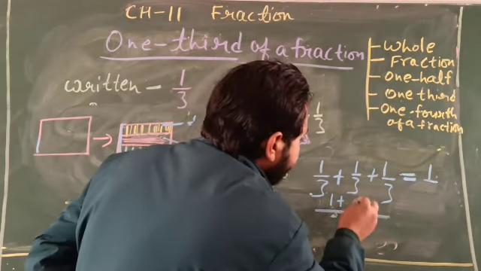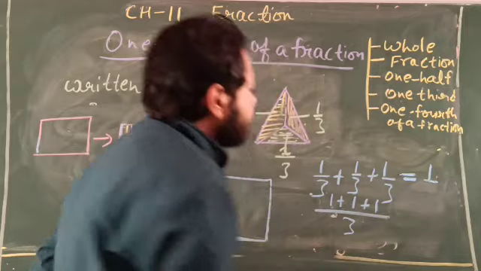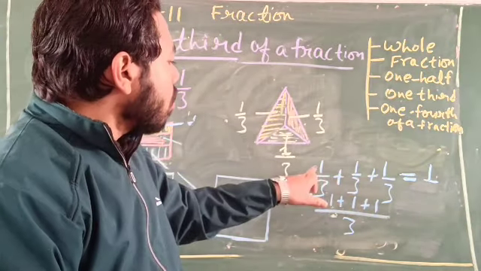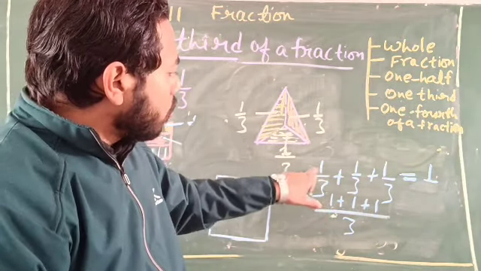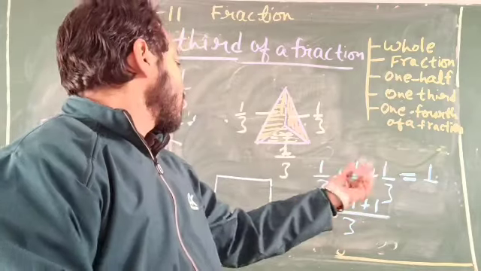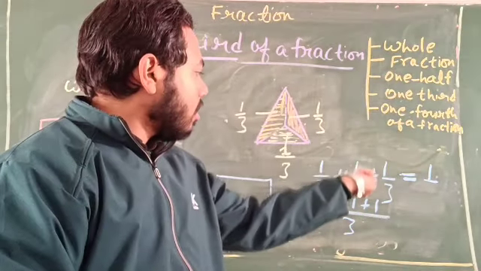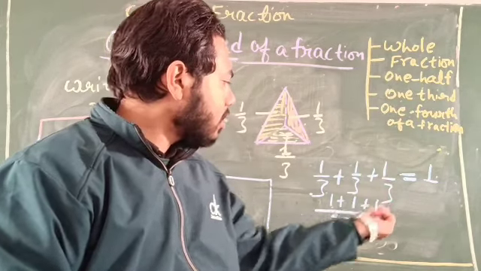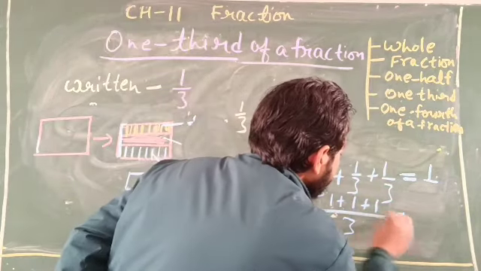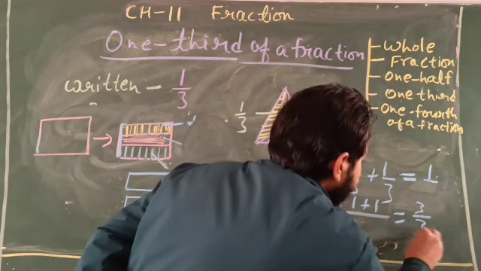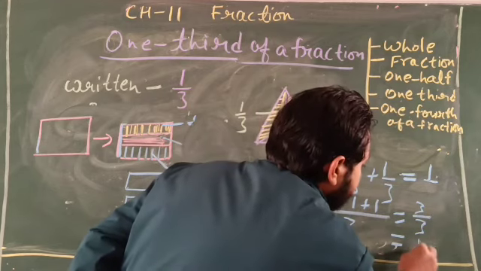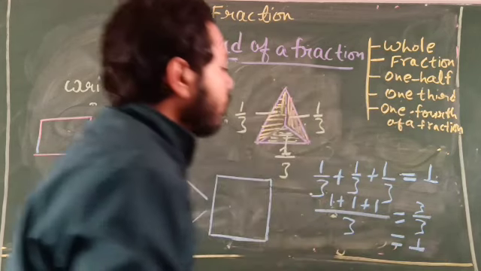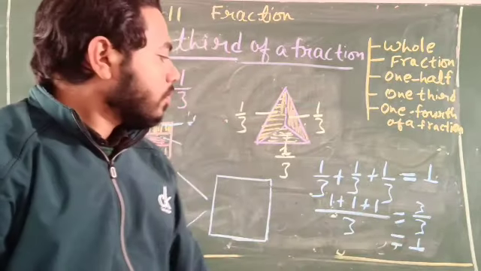We add these three numerators: here we write the numerator of the first fraction, and here the numerators of the others. So 3 by 3 means 1.